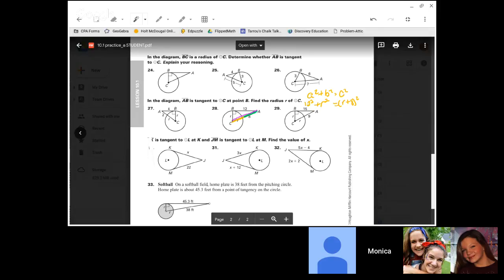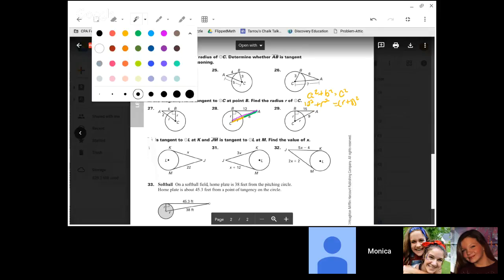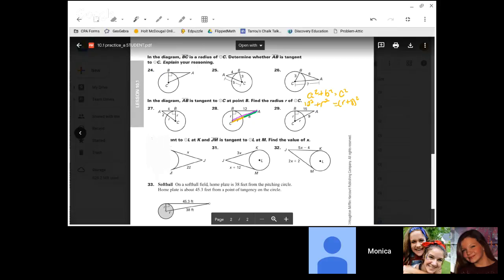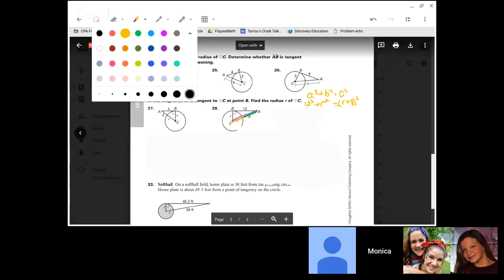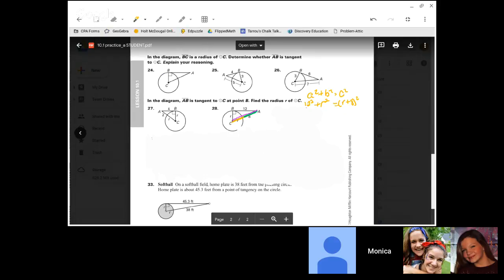Let me make some room to work down here. Okay, so what's 12 squared?